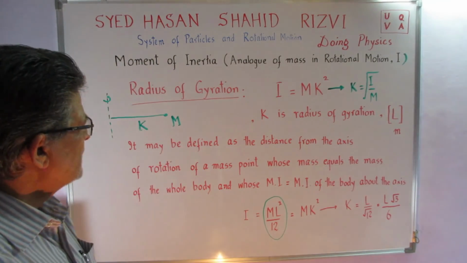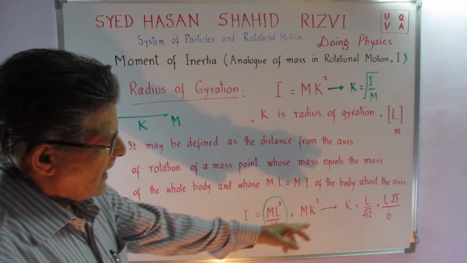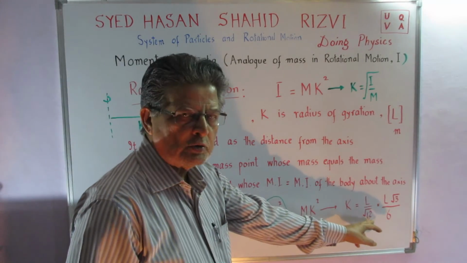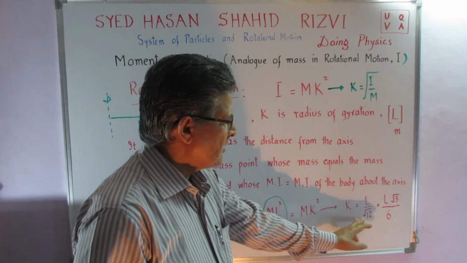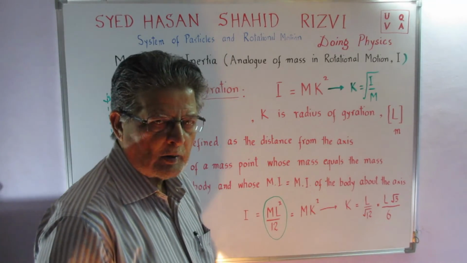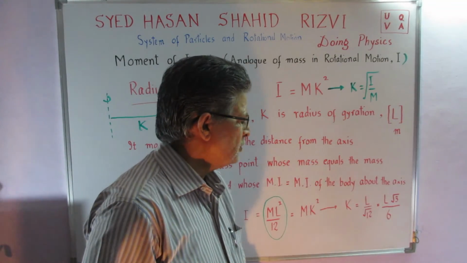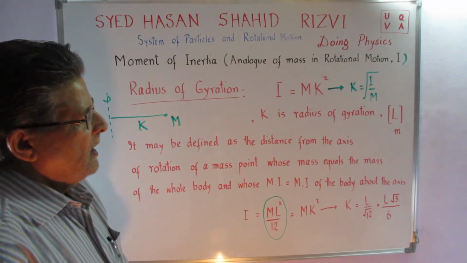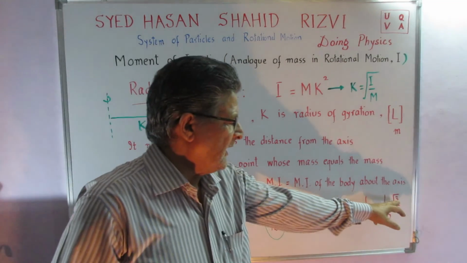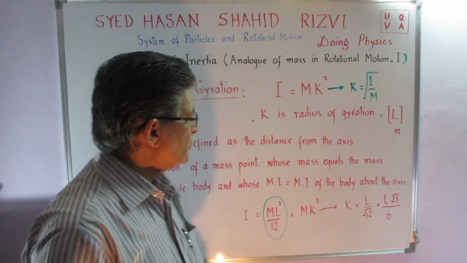If you are confused, then I will do that mathematics for you. L upon root 12 is L upon 2 into root 3. So I multiply in the numerator by root 3 and in the denominator also. So this becomes 2 into 3 and this turns out to be equal to L root 3 by 6. Because here the multiplication is easier if you put it in the numerator. How much is root 3?